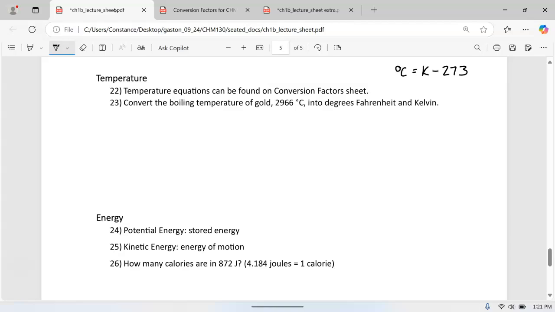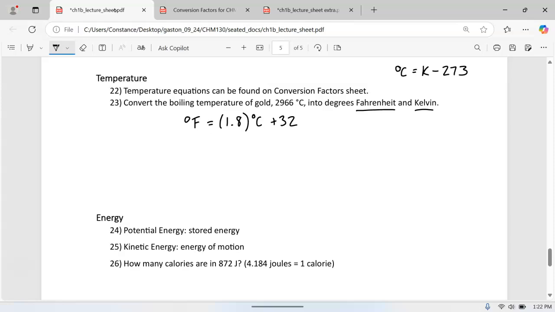In number 23, we are given 2966 degrees Celsius and asked to convert this to Fahrenheit and to Kelvin. The equation on your factor sheet is degrees Fahrenheit is equal to 1.8 times your degrees Celsius plus 32.